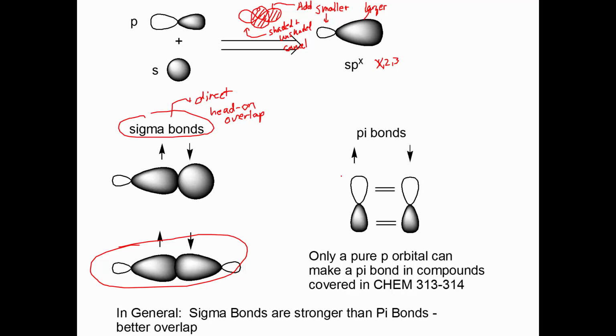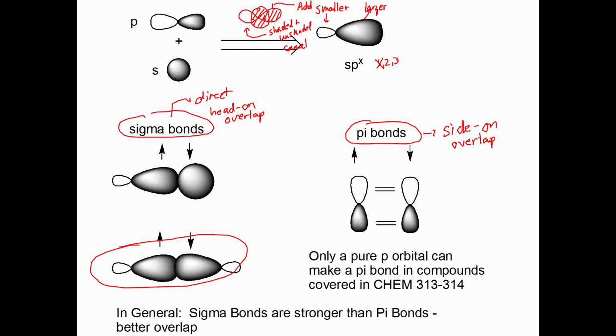The other type of bonding we commonly see in organic chemistry is called a pi bond, and this involves purely p orbitals. A pi bond comes about through side-on overlap. Bond strength is determined by the degree of overlap, and with the pi bond, the orbitals don't really point at each other, so we have a weaker bond. There are two different bonding contacts, but their degree of overlap altogether is not quite as strong.